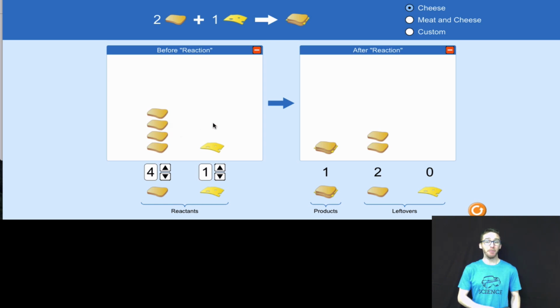I can't make 2 sandwiches, even though I have 4 slices of bread. I am limited to the production of 1 sandwich because I only have 1 slice of cheese. My cheese is limiting how much product I can make. Notice it is completely consumed and there is no cheese left over, but I do have some excess bread.